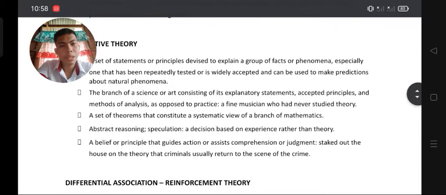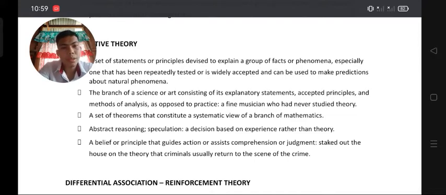Theory: a set of statements or principles devised to explain a group of facts or phenomena, especially one that has been repeatedly tested or is widely accepted and can be used to make predictions about natural phenomena. The branch of a science or art consisting of its explanatory statements, accepted principles, and methods of analysis, as opposed to practice, as in a fine musician who had never studied theory.